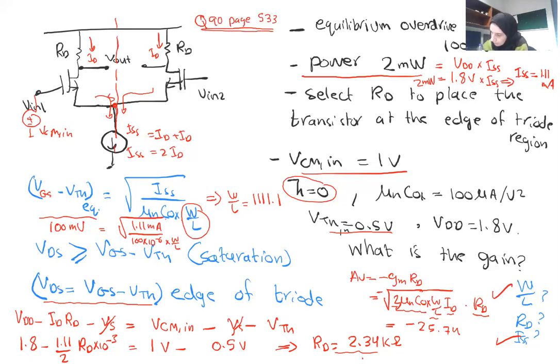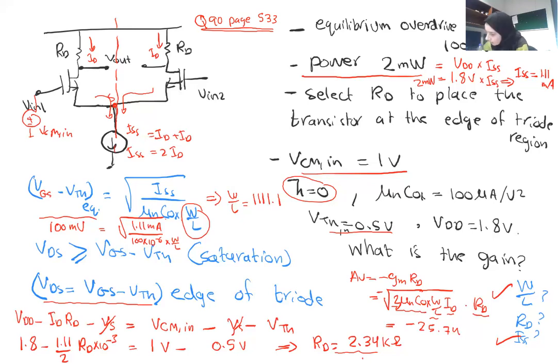It's about the design of a telescopic amplifier. Please try to do it yourself. It has a lot of calculation steps, but it's nice to try to design a telescopic amplifier, and let me know if you find any issue in solving it.